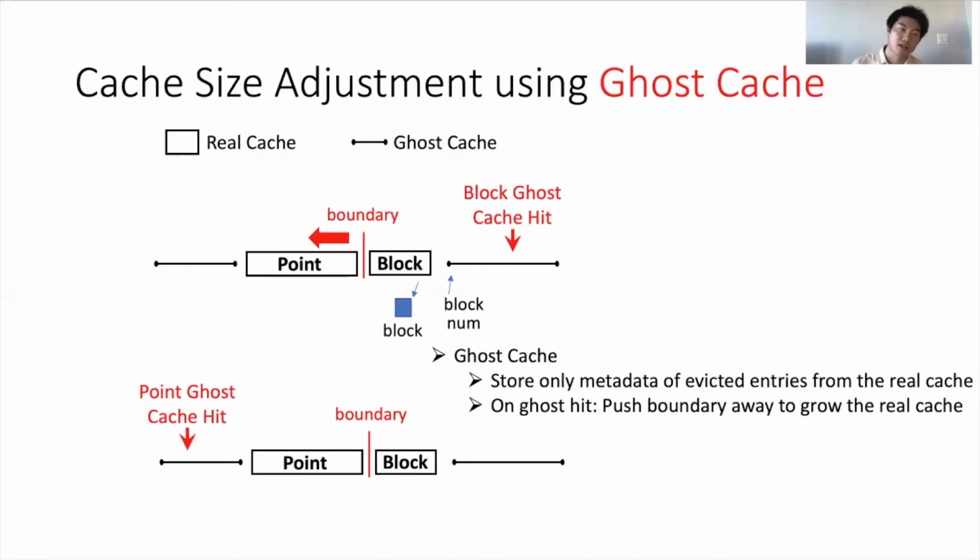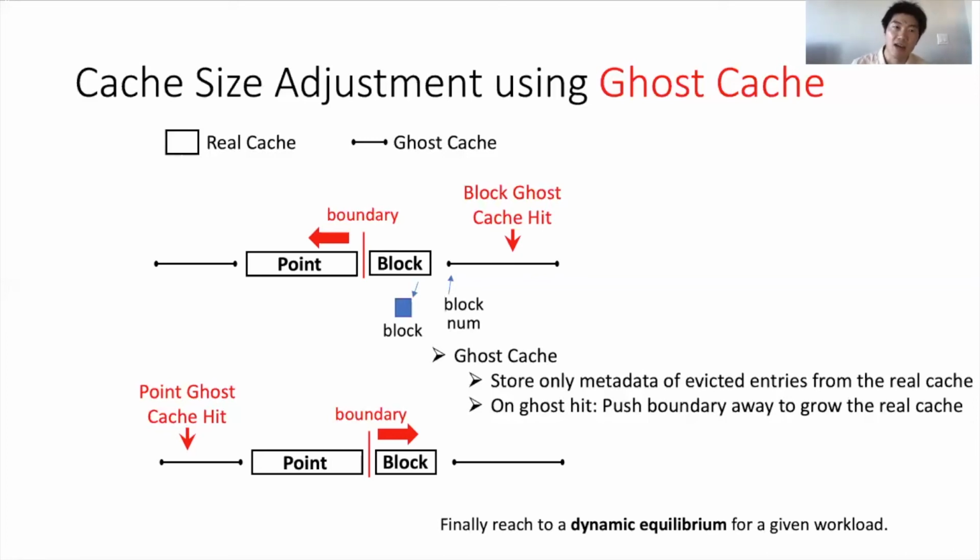If there is a ghost hit in the ghost point cache, the boundary will be moved toward the right. As the workload goes on, the boundary adjustment will be constantly performed, and eventually it will reach a dynamic equilibrium for a given workload. And if there is a phase change in the workload, the boundary will be adjusted accordingly.